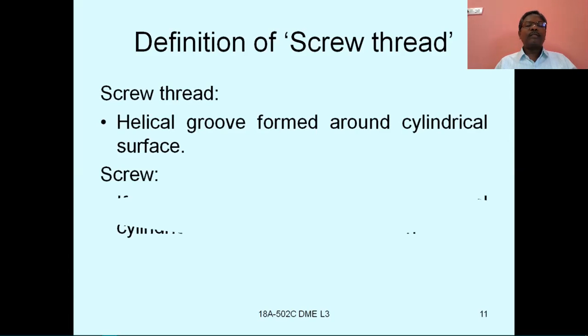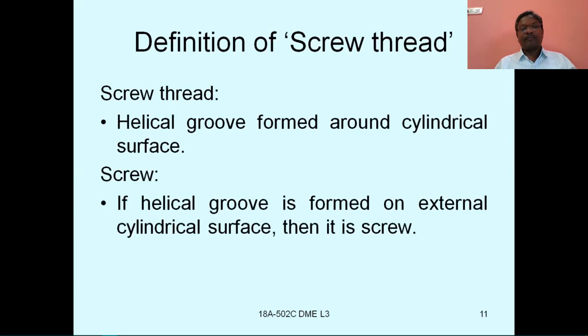So let us see, what is meant by screw? Now we have just discussed the screw thread definition. Now the screw definition.